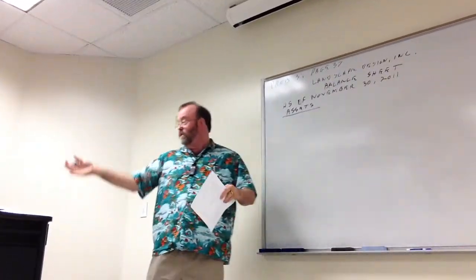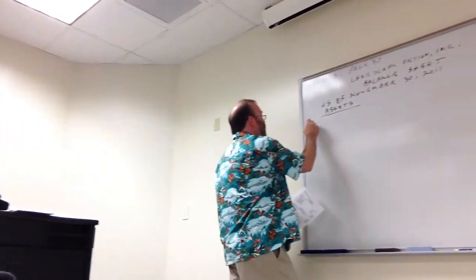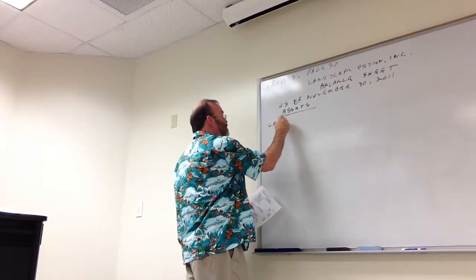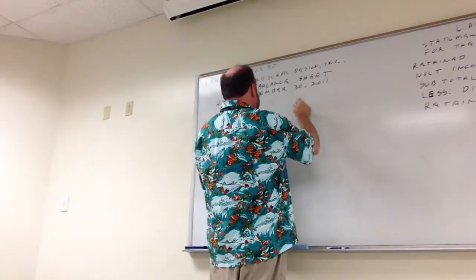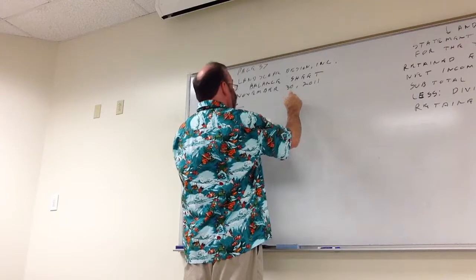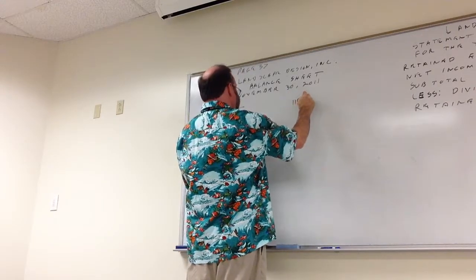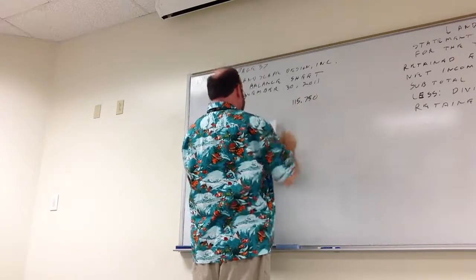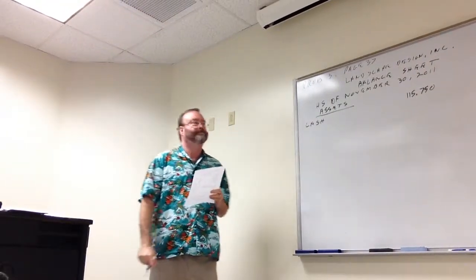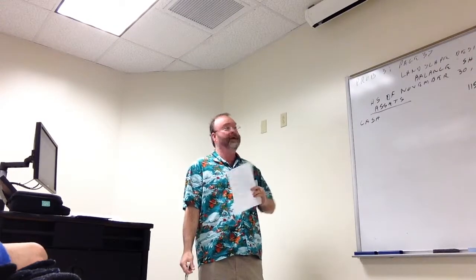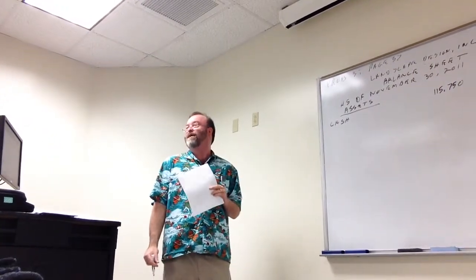In this listing, the third line down says cash. Cash is something a company owns in order to conduct their business. And they had $115,750 worth of cash at the stroke of midnight on November 30th, 2011.